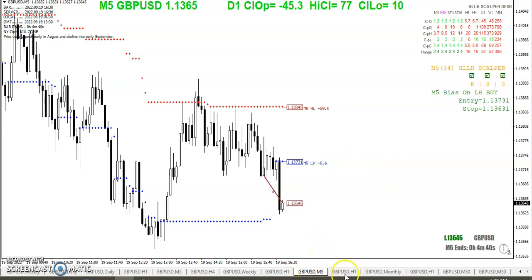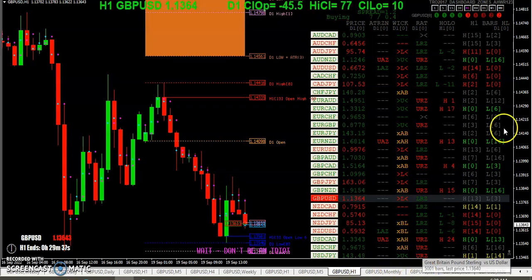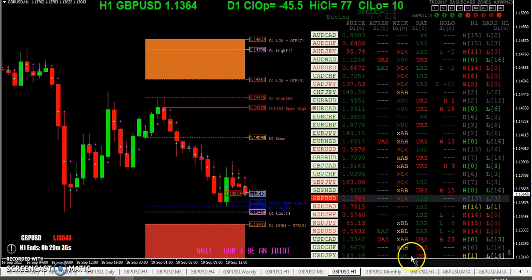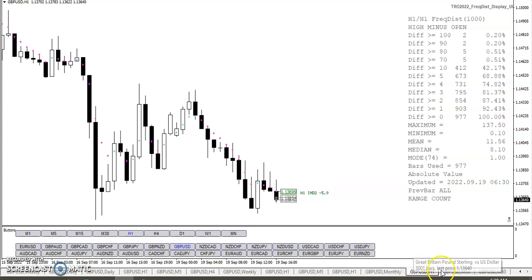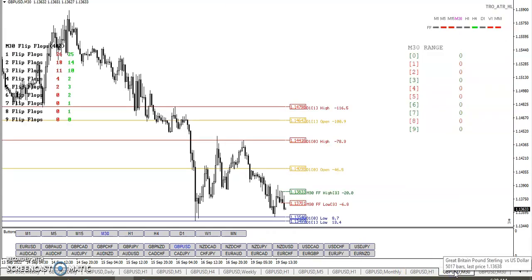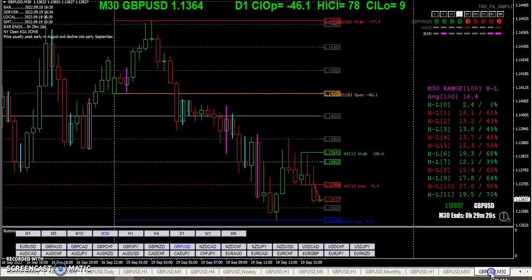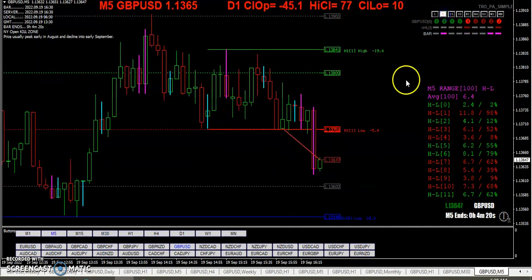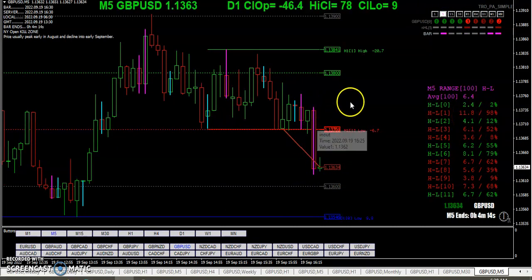I don't believe I have that up on the chart. That's flip-flops. No, I don't have that on the chart here. So this looks like a return bar, 11.8 pips. See if price will come back up to that level.